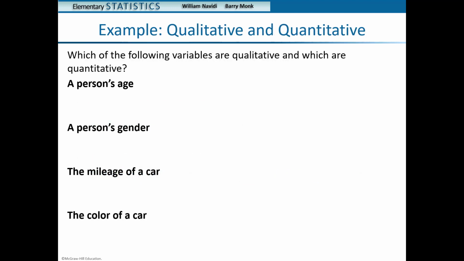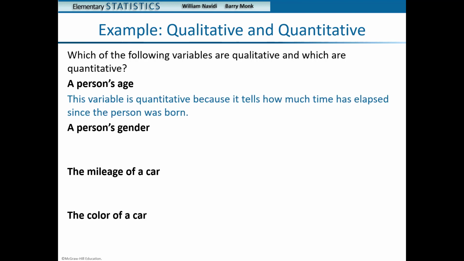So let's explore some other examples. Which of the following variables are qualitative and which are quantitative? The first two we've really already discussed. A person's age, this is quantitative because it tells how much time has elapsed since the person was born.